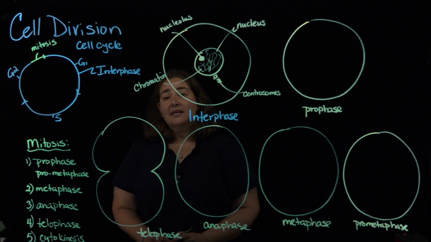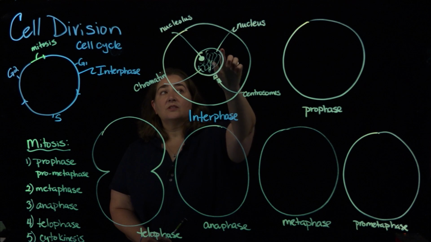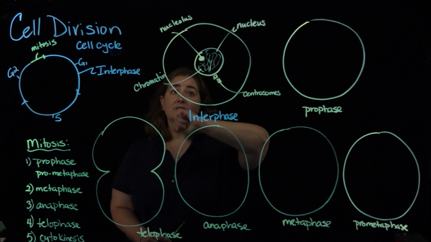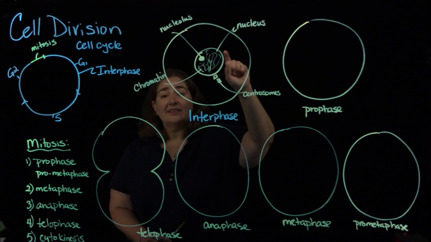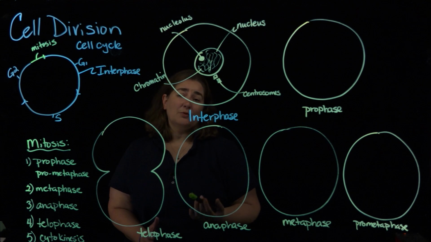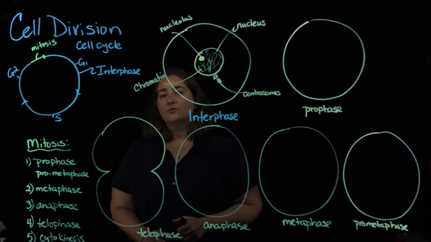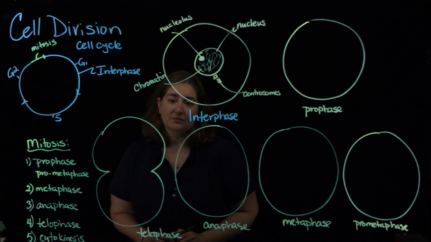You can tell a cell is in interphase because you can see a clear nuclear envelope. You can see the nucleolus inside of the nucleus. The DNA is very thin and strand-like. We refer to that as chromatin. You're also going to have one set of centrosomes. This is a structure we haven't talked about yet.